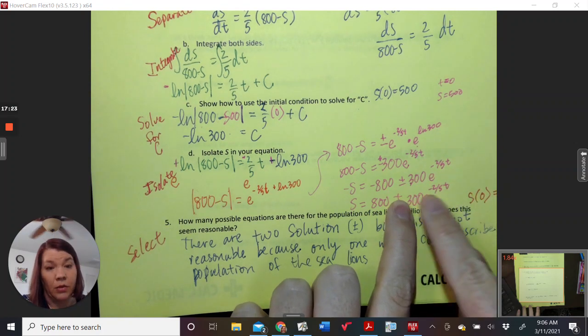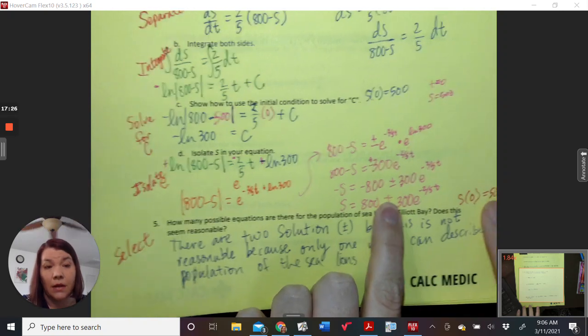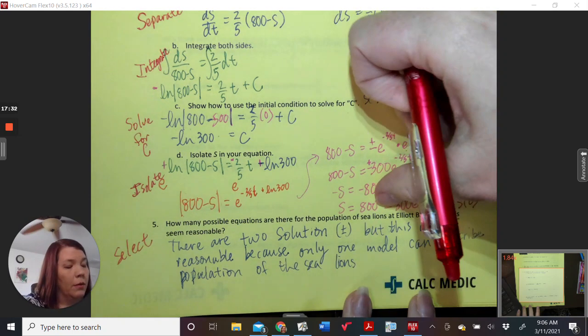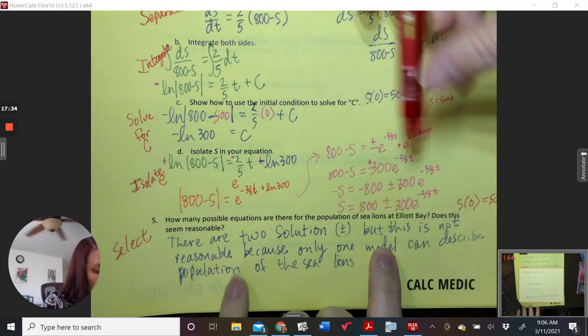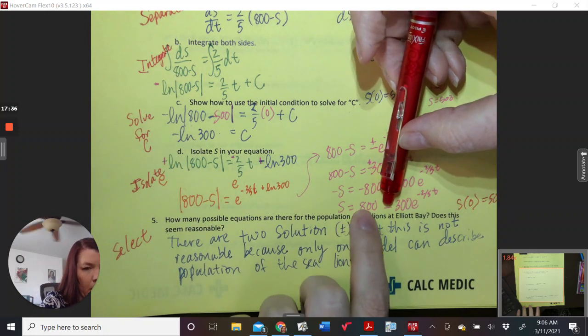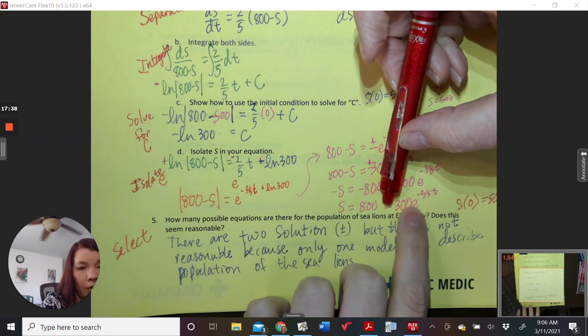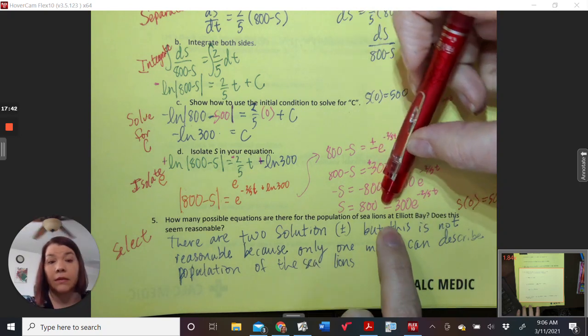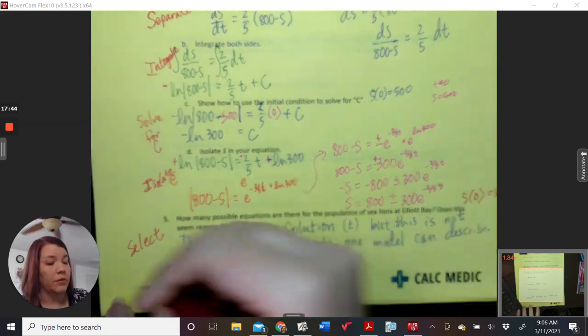When I plug it into the minus equation, 800 minus 300 e to the 0, e to the 0 is 1. So that one is 500. So that's the one I'm going to choose. And again, I chose that because it satisfies the initial condition.